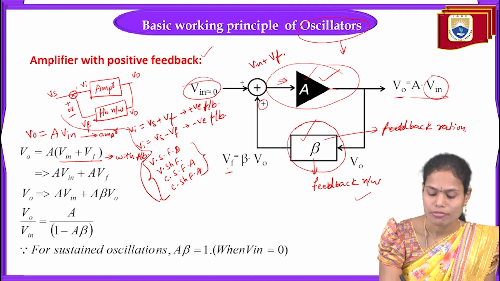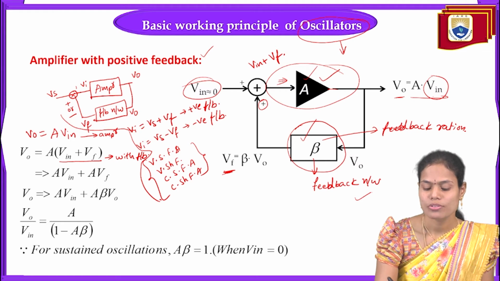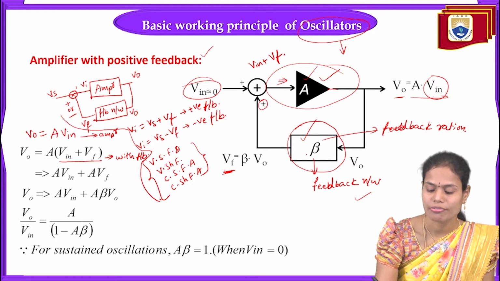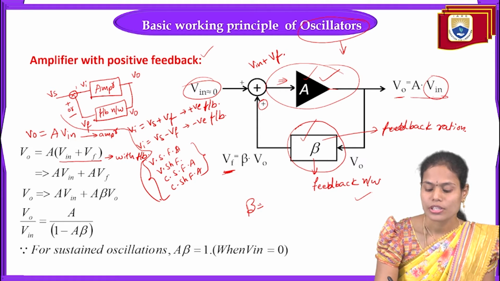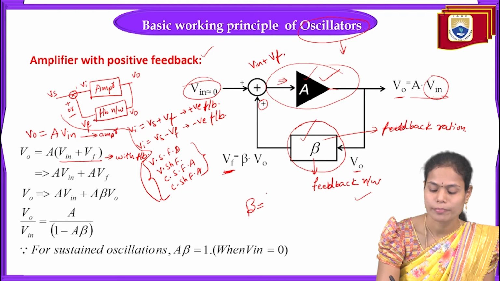And what is our VF value here? This VF value we will get from the feedback ratio. Feedback ratio beta is equal to the ratio of the output of the feedback network, VF, to the input to this feedback network, that is V0.